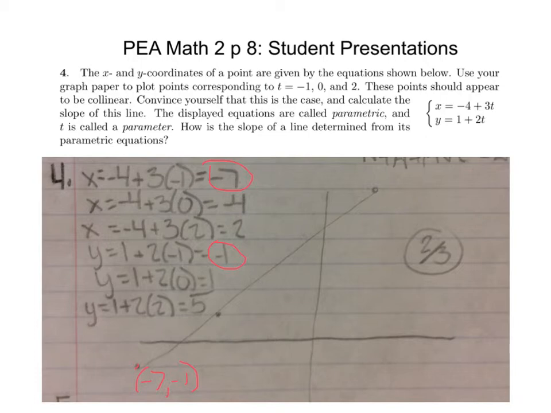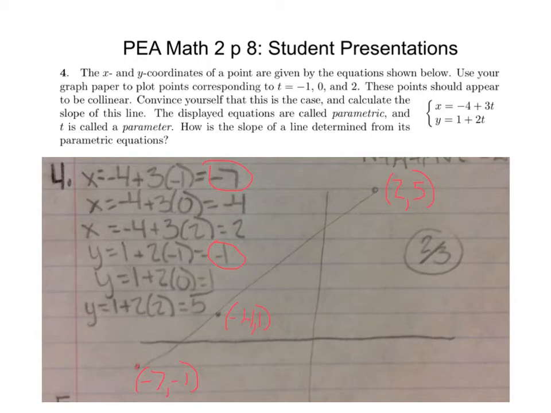Okay, so you plugged in -1, 0, and 2, and you got those points, right?